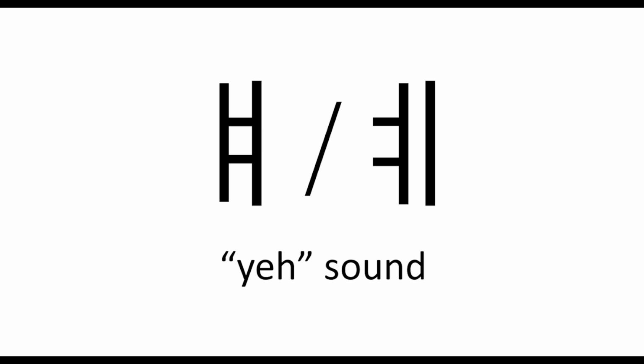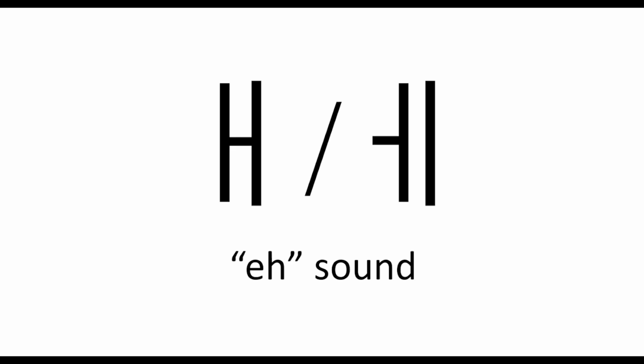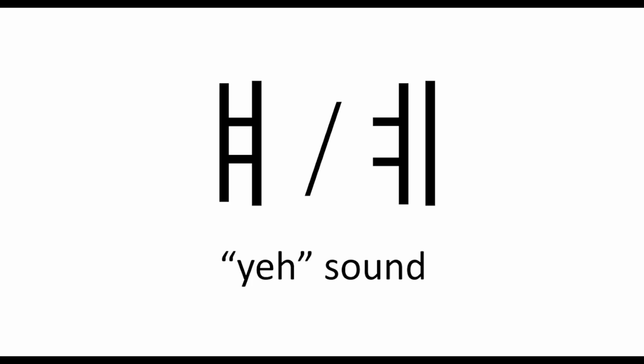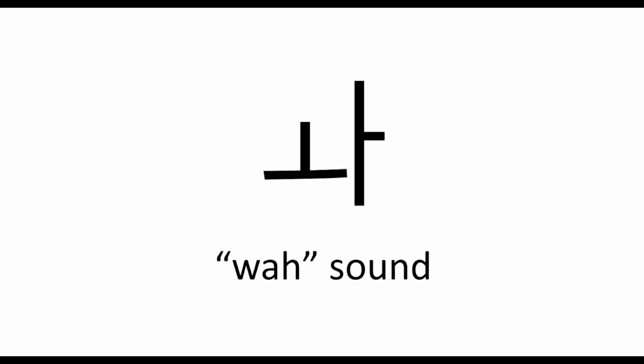The next two are ye. Now, these both are written differently, but they're the same sound, as are these two. Now we have the o and a, which make a wa sound.